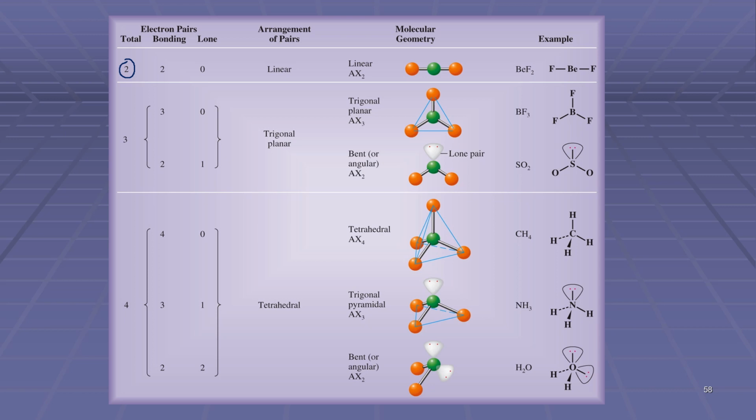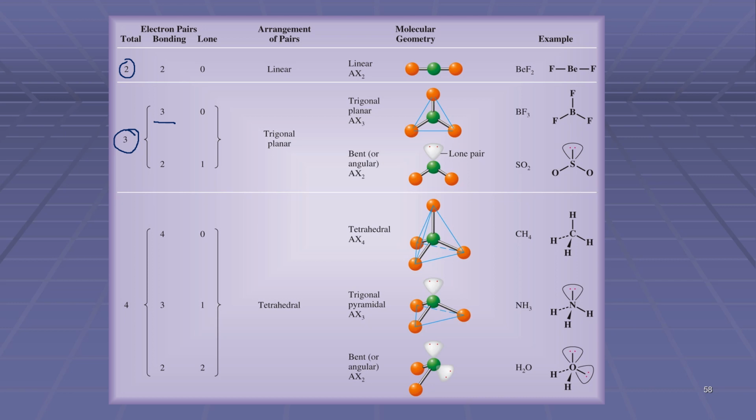Now, if you have a total of 3 domains, so a total of 3 either bonds or unshared pairs, we have a couple of options. Either all 3 of them can be bonded, so that's the trigonal planar. If all of the total are bonding, then we get the original domain shape. So if all 3 are bonding, we have this trigonal planar shape.